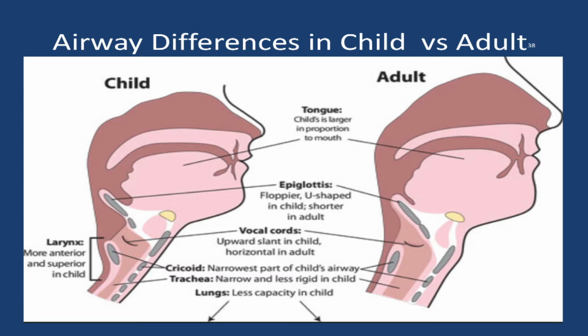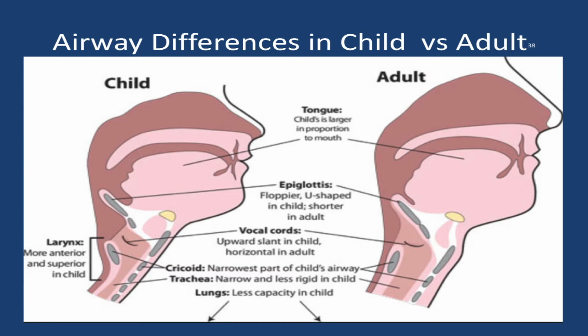This means that during the process of doing endoscopic insertion, the upward slanted vocal cords of the child are more difficult to reach, and because they are more anteriorly located, it is difficult to uncover them so that direct observation of your intubation attempt is made.